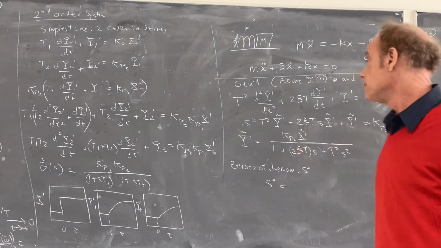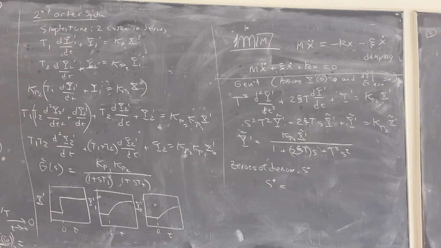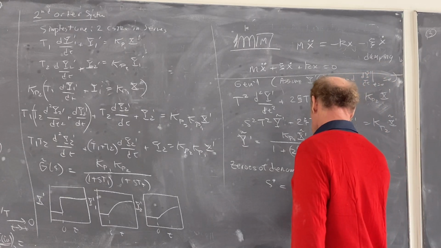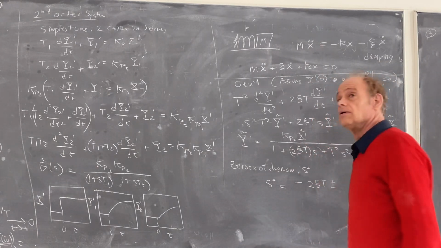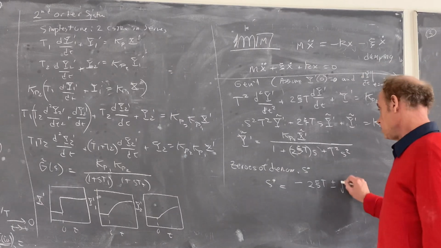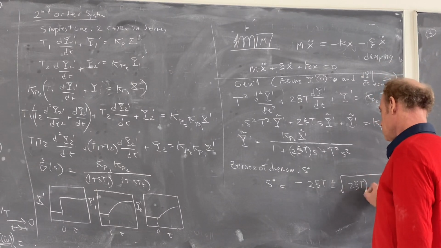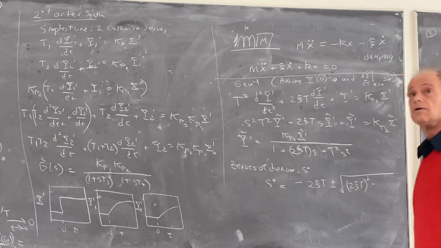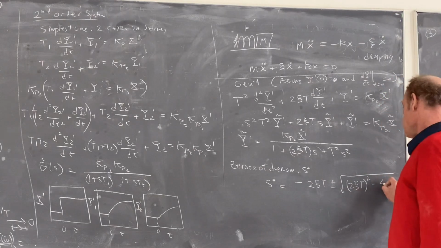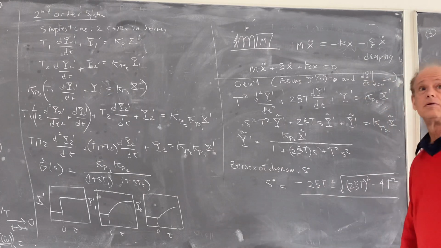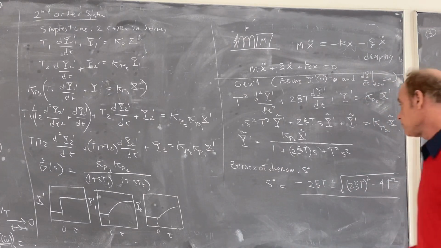So, plus or minus 2, why don't we start from the minus b part? Minus 2ct, plus or minus the square root of 2ct squared, minus 4 times t squared, all over 2 times t squared. Thank you.